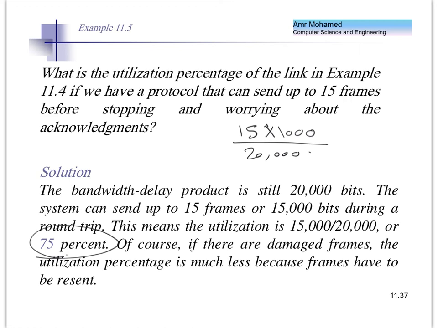So we have improved. But again, stop and wait cannot do that, because stop and wait can send only one frame at a time. That's why we need another technique that will allow me to send multiple frames without having to wait for acknowledgement. Such a technique is different from stop and wait, and that's what we need to discuss next time, inshallah.